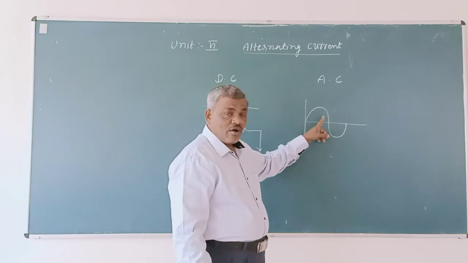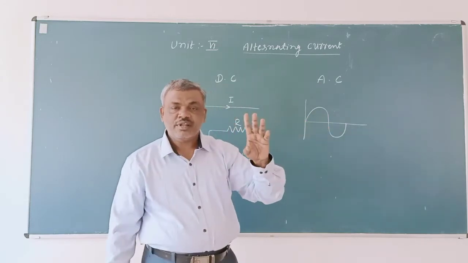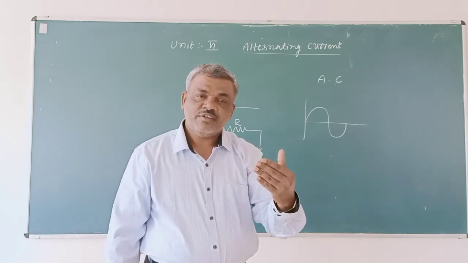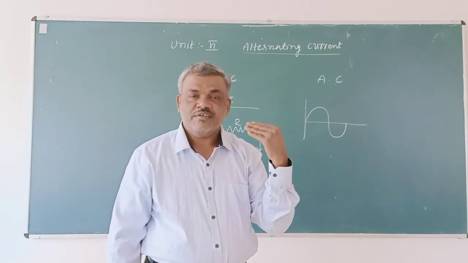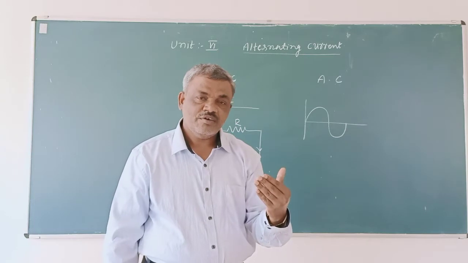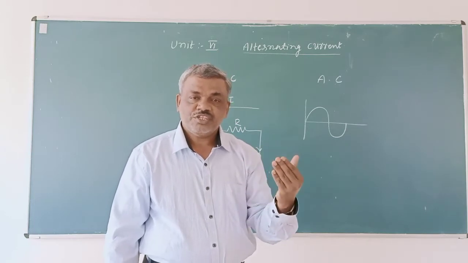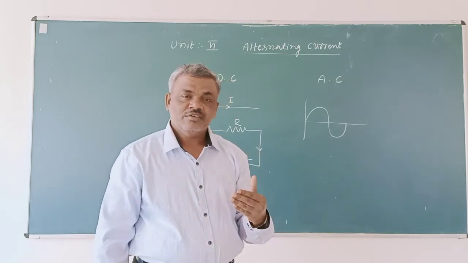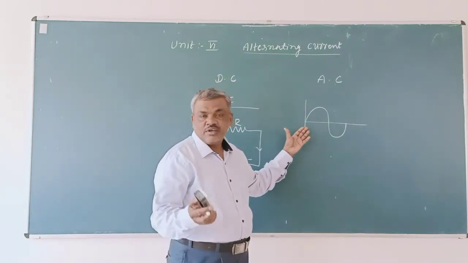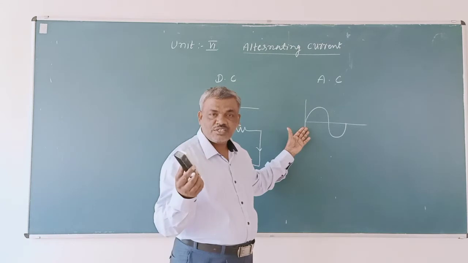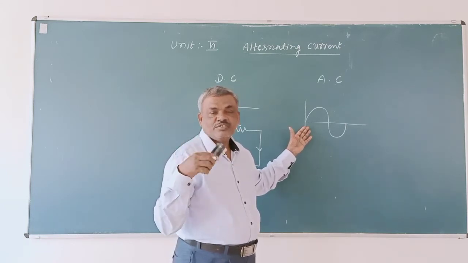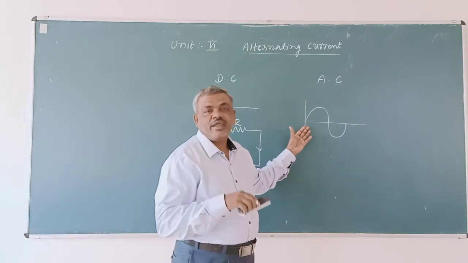Alternating voltage can be transmitted over a long distance from one place to another very easily, for example from the generating station to the receiving station. So high voltage and low current.